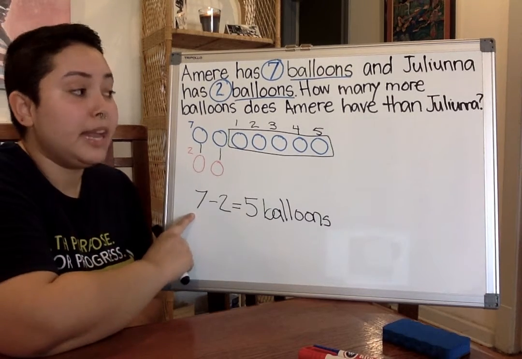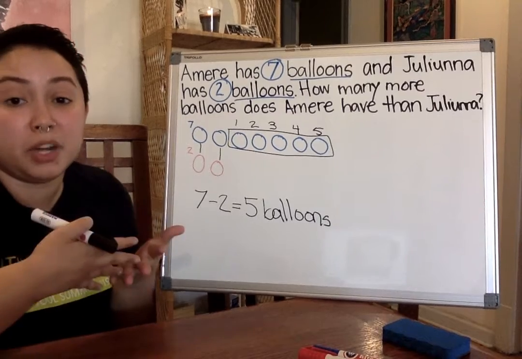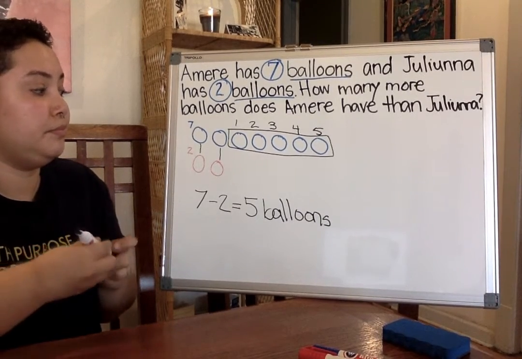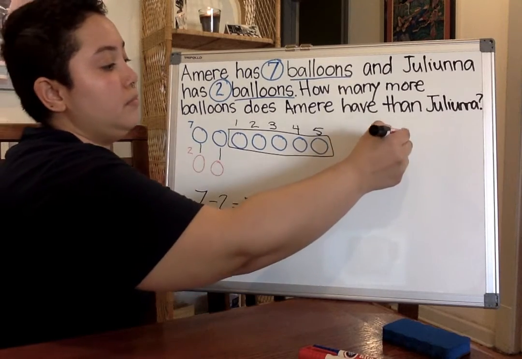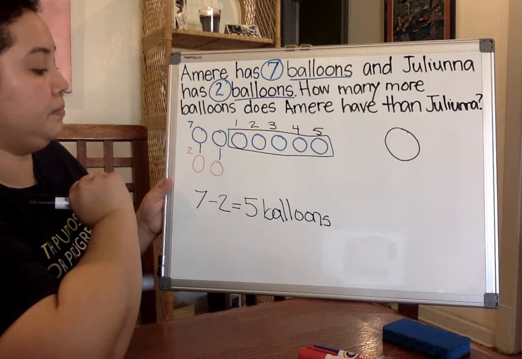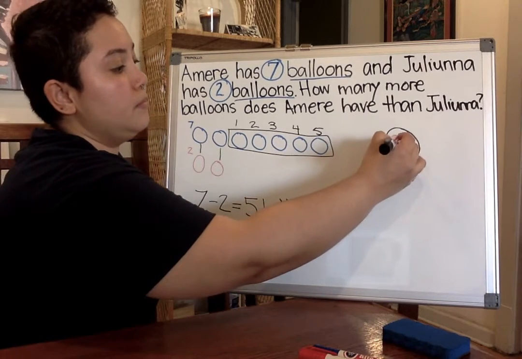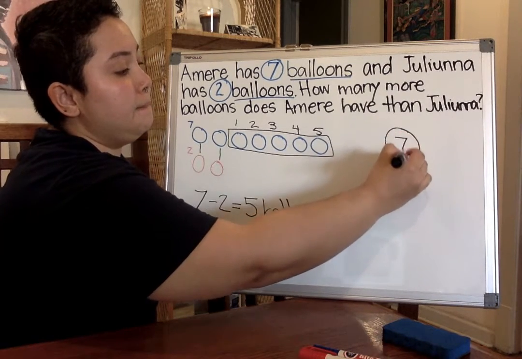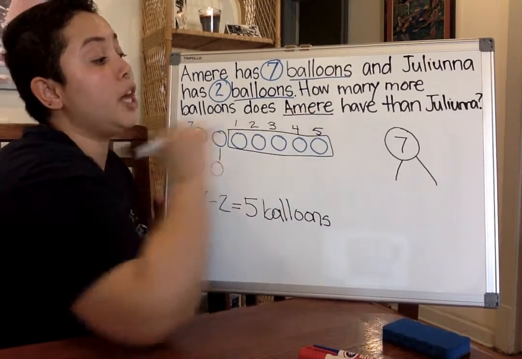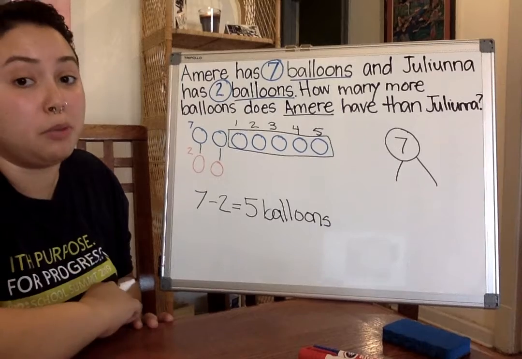My whole is going to be my biggest number, or the number that I started out with. We're going to put Amir's 2 parts into our number bond.